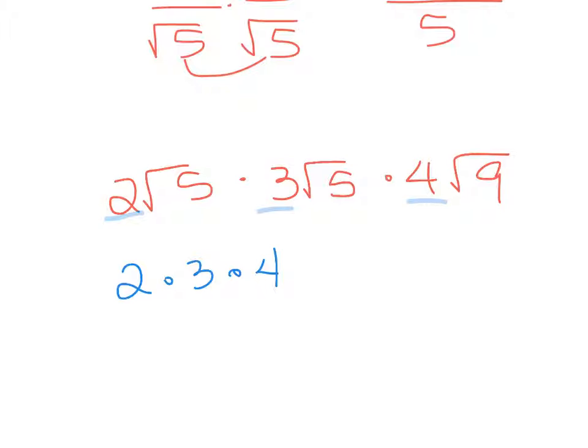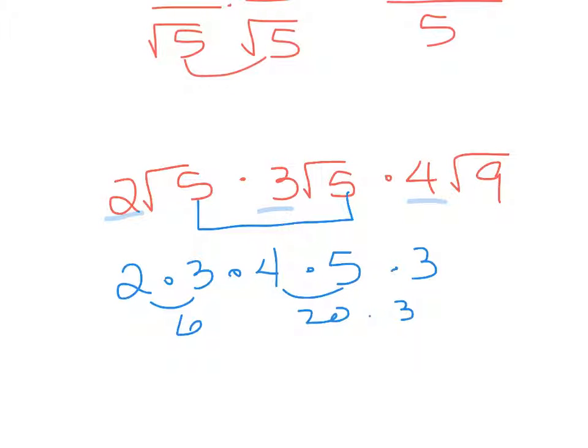And then all the radicals, if you could make some pairs, I've got a pair of 5s, so that comes out. And then I could also square root the 9 and just make that a 3. And now I'd have to go back and multiply those 5 numbers. Once I do that, I get 6, 20 times 3, 6 times 60, and I would get 360. So if everything comes out, then again, you could end up with a whole number.